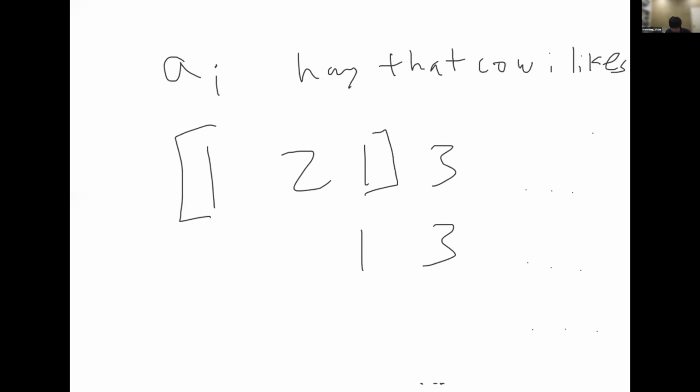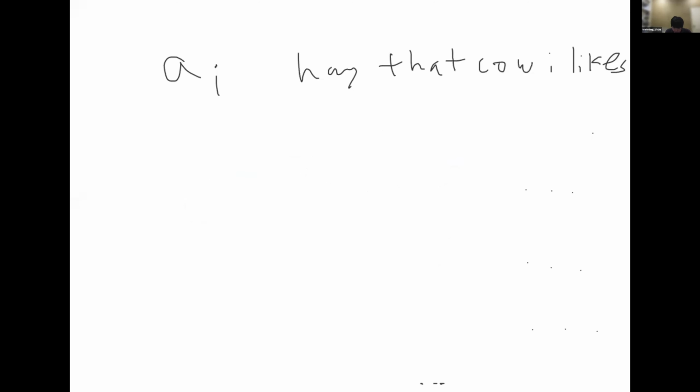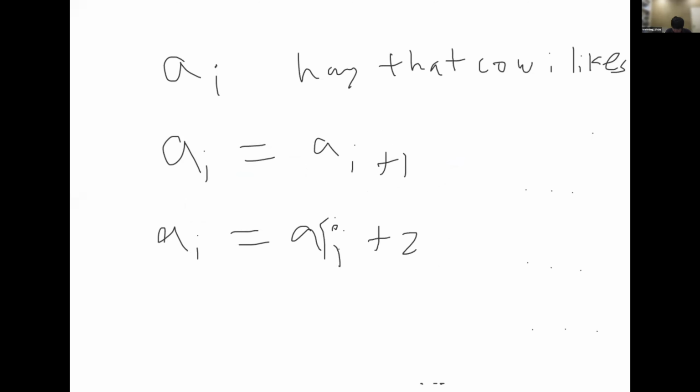So basically, the final solution that you arrive at is that if A of i is equal to A of i plus 1, or A of i is equal to A of i plus 2, where this is the index, not the value itself, then you can eventually make all the cows like A of i.